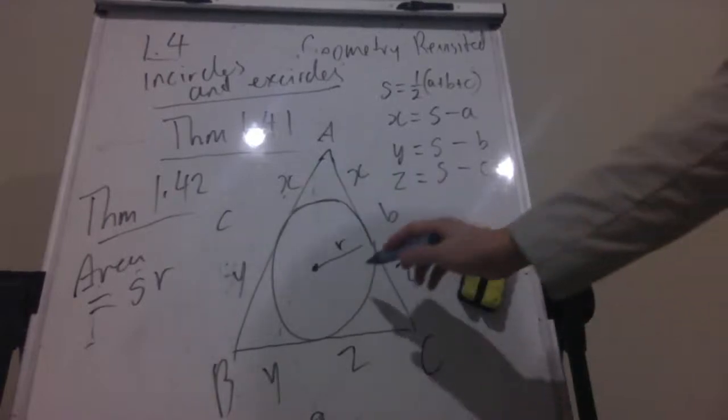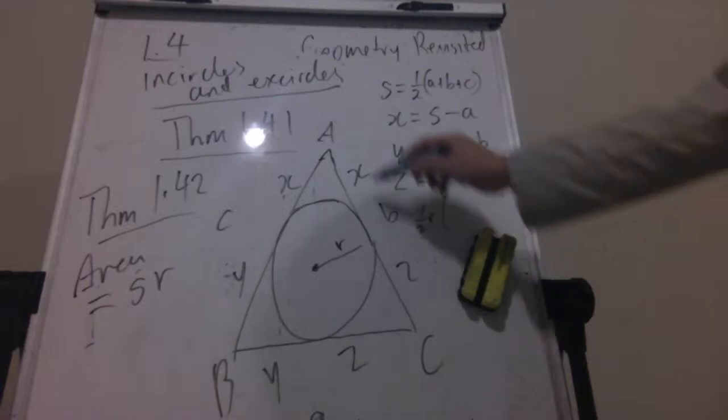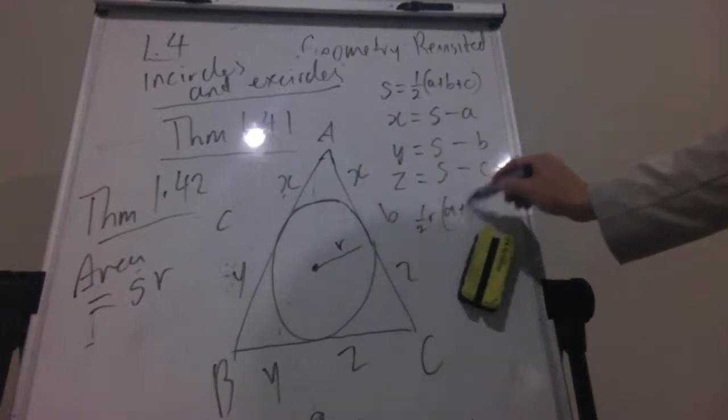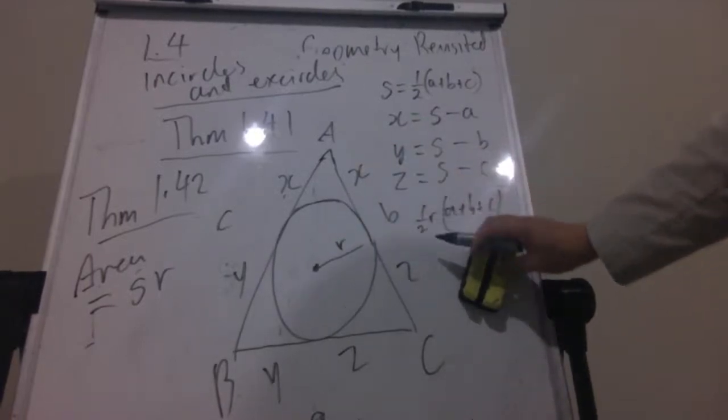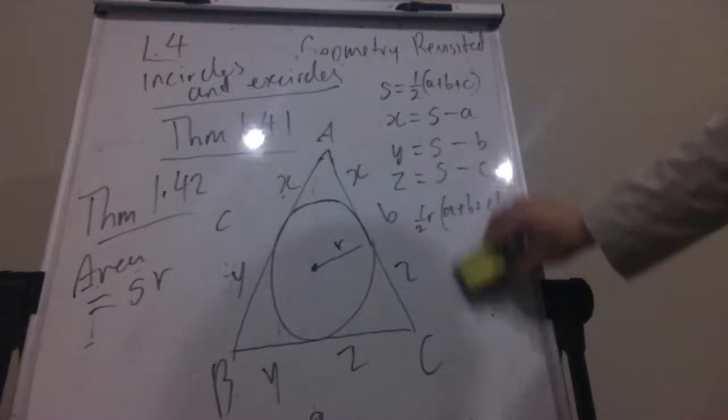Because the area is just half times a plus b plus c times the inradius. But how do you get that square root of the thing? Heron's formula. It's like the root of s times x, y, z. I don't know really how to do it quickly right now.